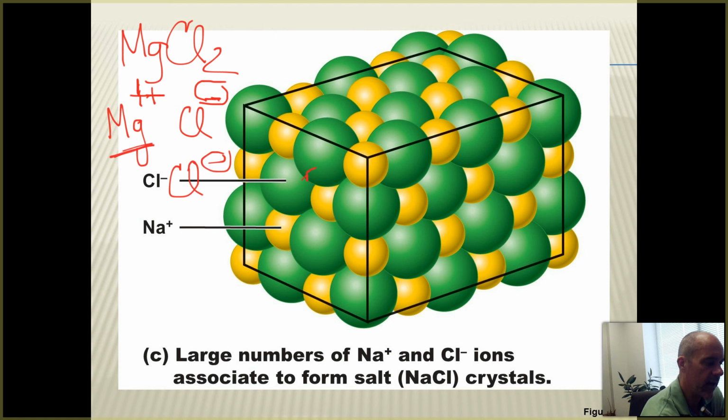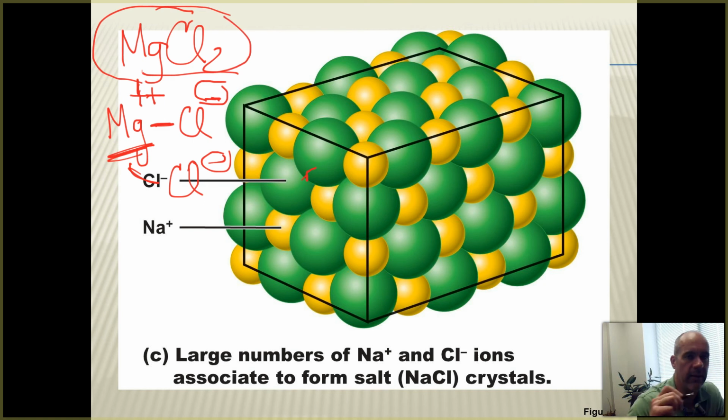So a single magnesium ion with a double positive charge will bond simultaneously to 2 chloride ions to make this type of salt, which is called magnesium chloride.